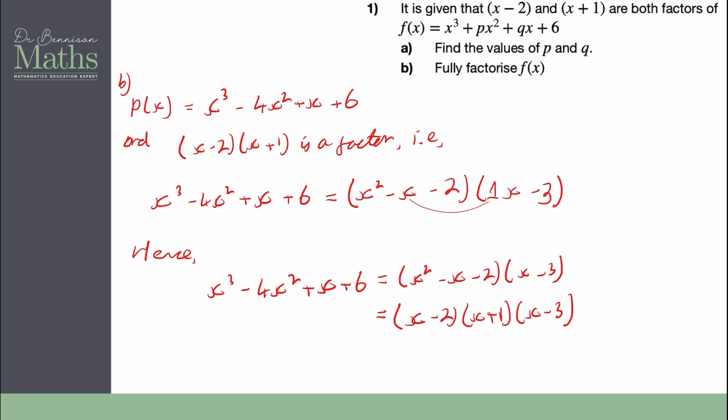So for this one, I'm able to leave it as three linear brackets. Sometimes we'll have a quadratic that isn't reducible into two linear brackets, as you'll see in the next example.